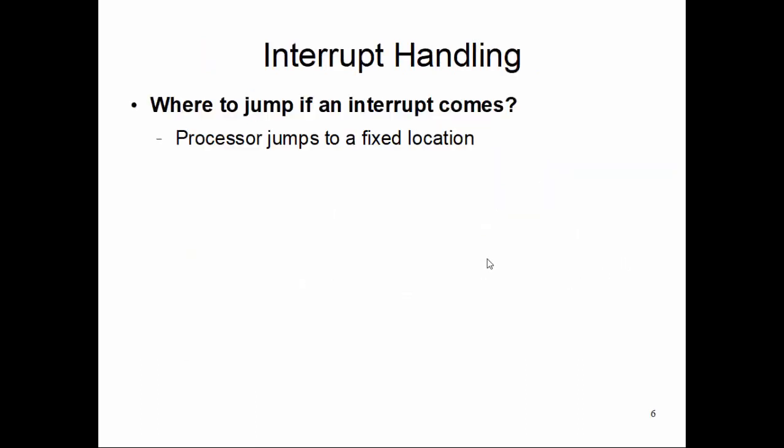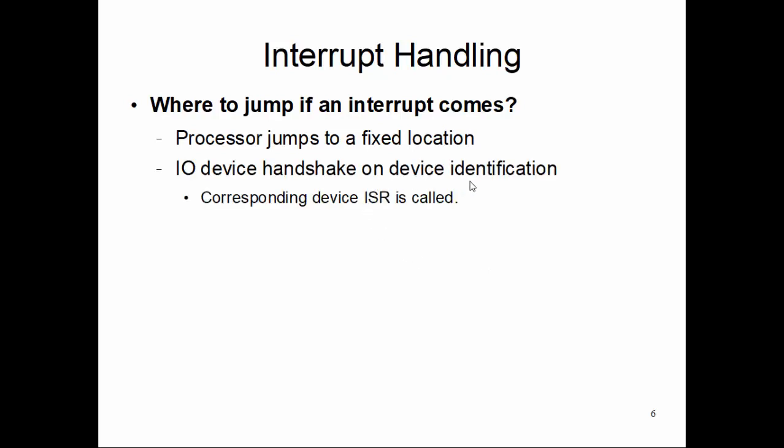Now where to jump? The processor jumps to a fixed location. The I/O device handshakes on the device identification, and basically when an interrupt comes from a specific device, it includes the information of which device has caused that interruption, and then the corresponding interrupt service routine is called, or your control jumps to the corresponding device driver or interrupt service routine for that device.